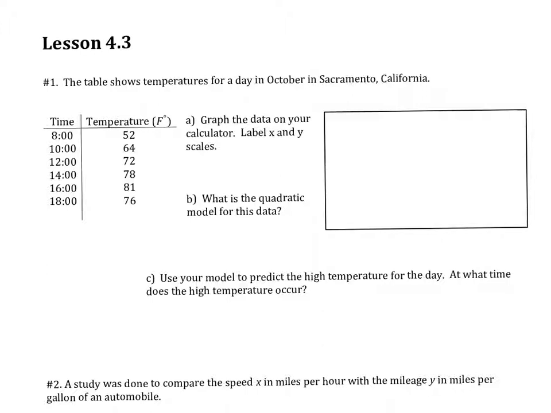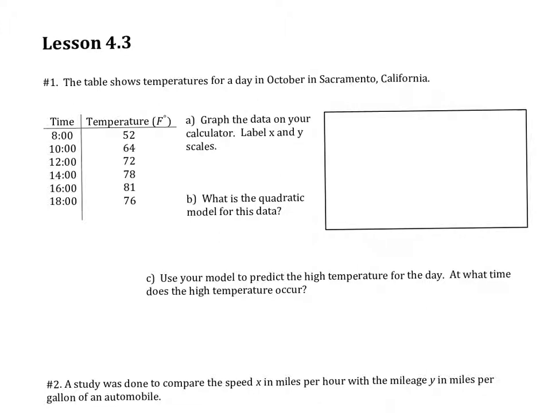Okay, here we go. So the only difference today with what we did the last time you did all the calculator stuff is we are not doing a line of regression anymore, okay?